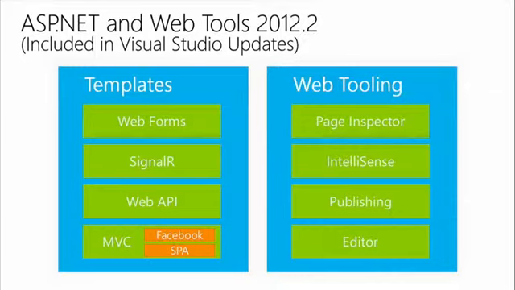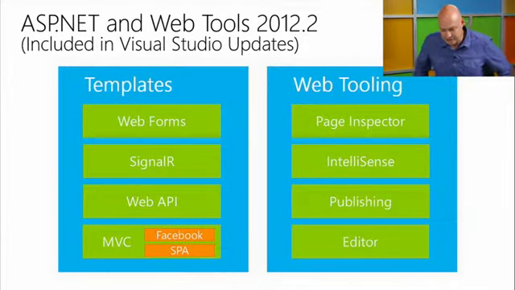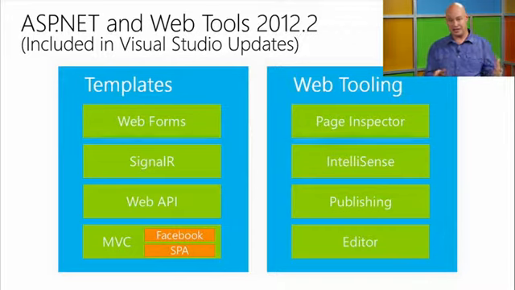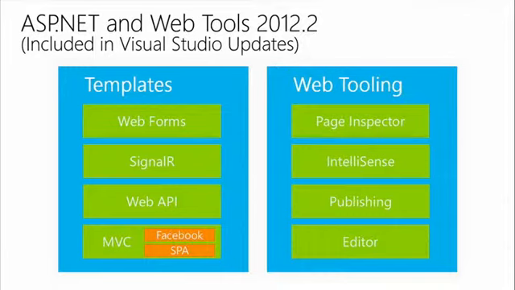Nobody in the real world uses that word, but at Microsoft, tooling means writing things inside of Visual Studio to make it easier to write code. They included Page Inspector, which is live in the screen as you're editing. It updates the live view of the code, which is incredible. So you can go through and see what's happening as you do it. That's already available in Visual Studio 2012. There were also updates for IntelliSense for all these templates, better updates for publishing, and also the web editor.